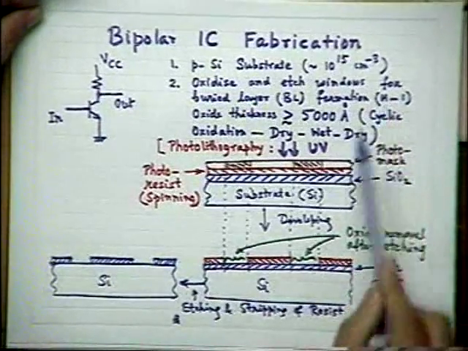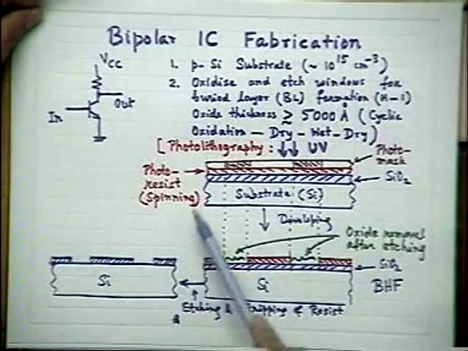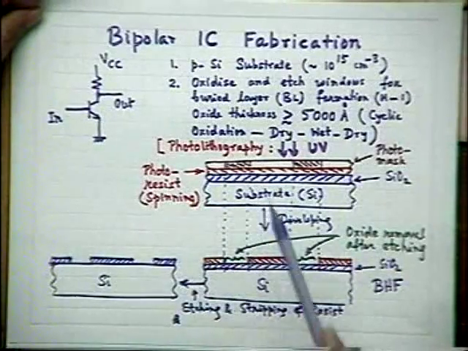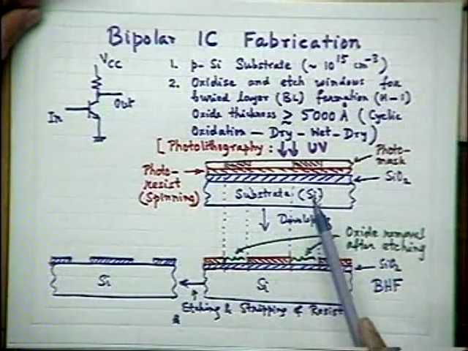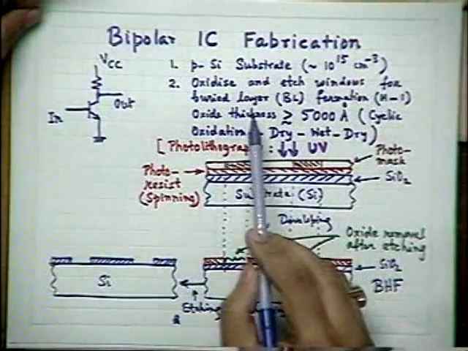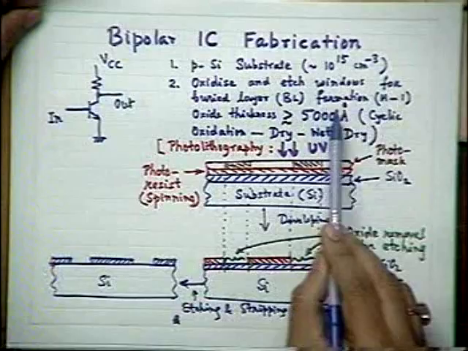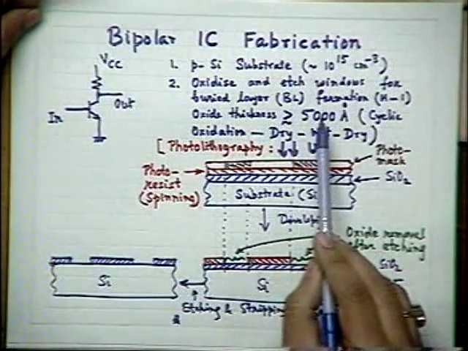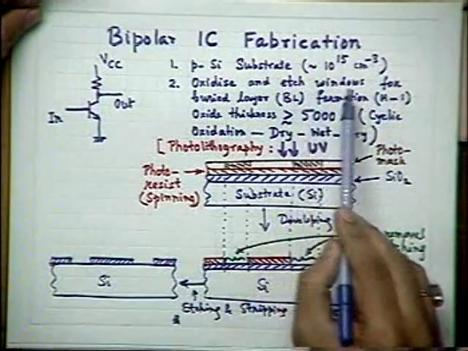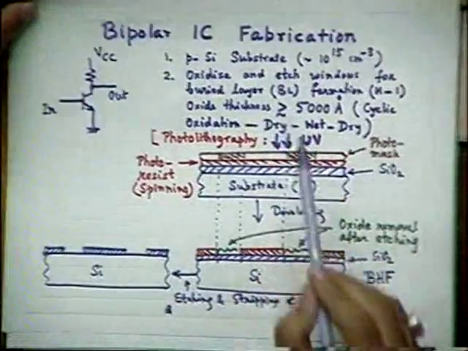This technique uses photolithography, which is why I demonstrated it in more detail. After oxidation we get a thickness of around 5000 angstrom, and then you etch windows for buried layer formation. This is the second step.